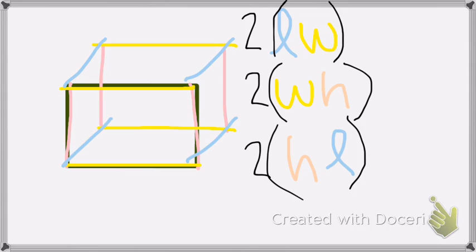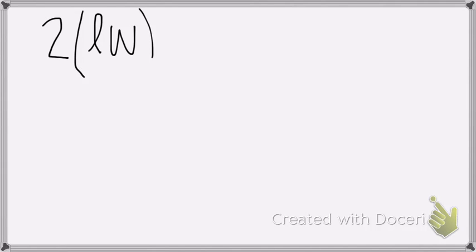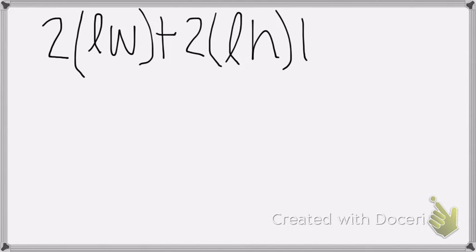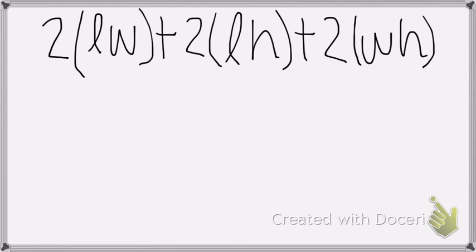And to find the total surface area, we're going to add up all of these. So essentially, our equation is going to look like this. We're going to have 2 of the length times width plus 2 of the length times height, and then we're going to add 2 of our width times our height.